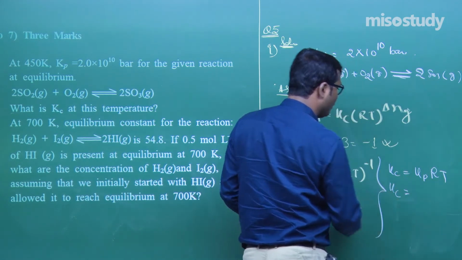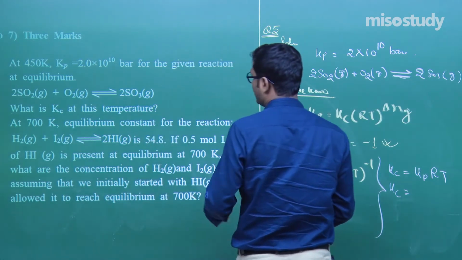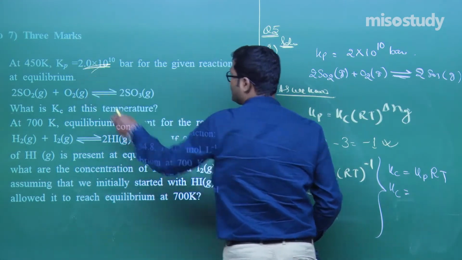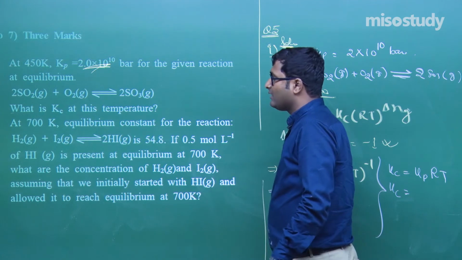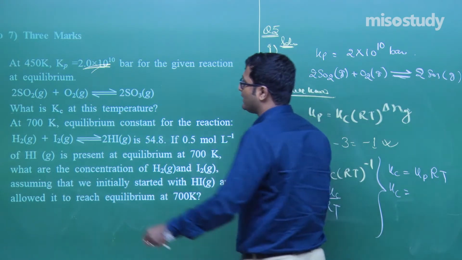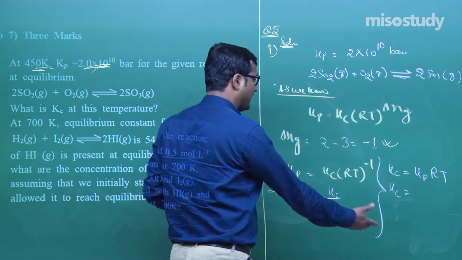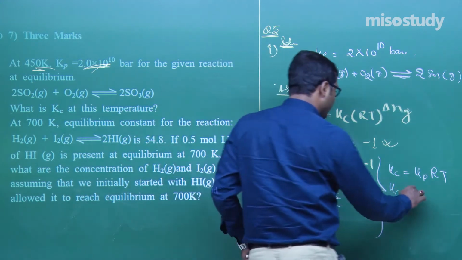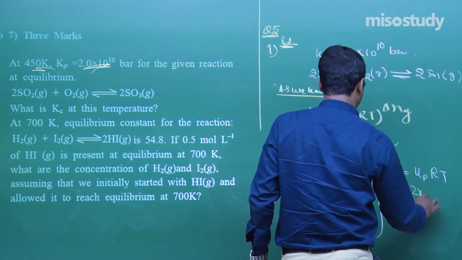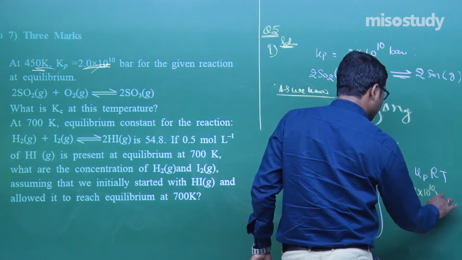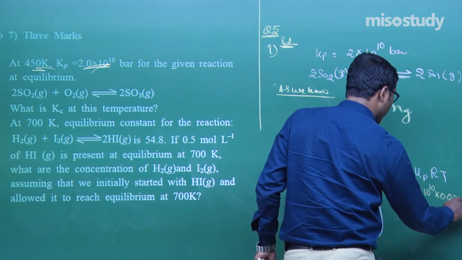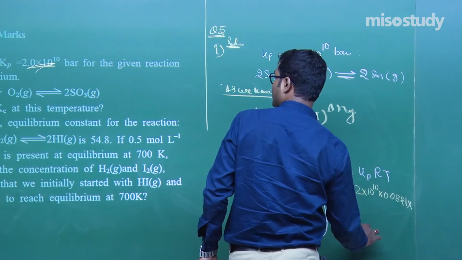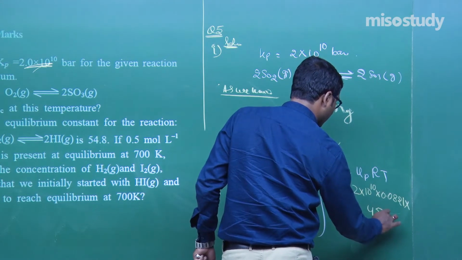Now put the value. What is Kp according to the question? Kp is given as 2 into 10 to the power 10. R we know is 0.0821. Temperature is 450 Kelvin, my friend.